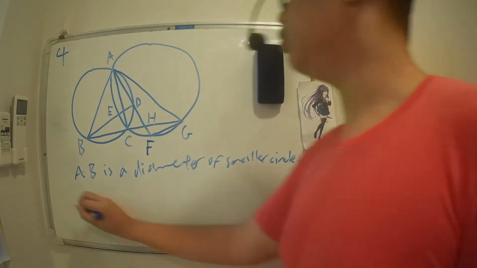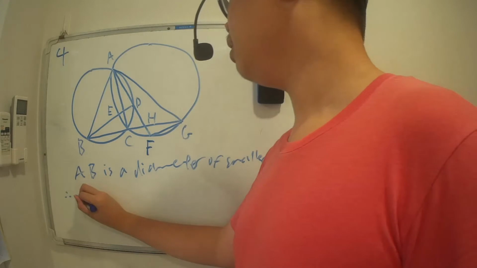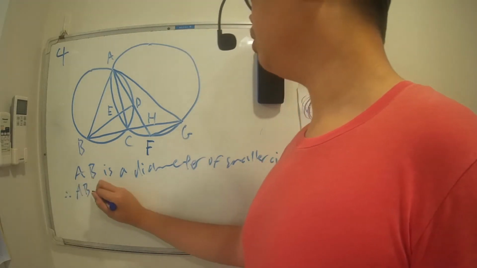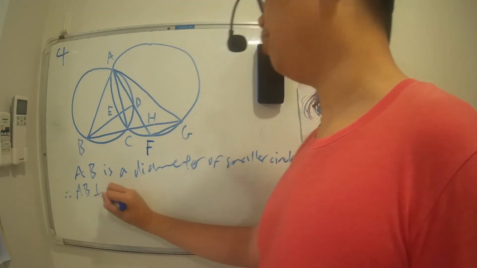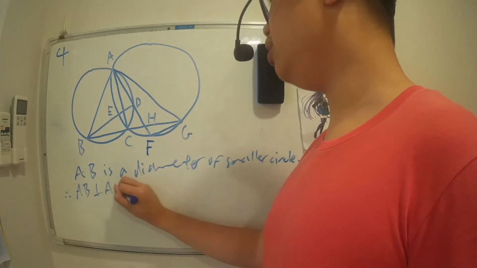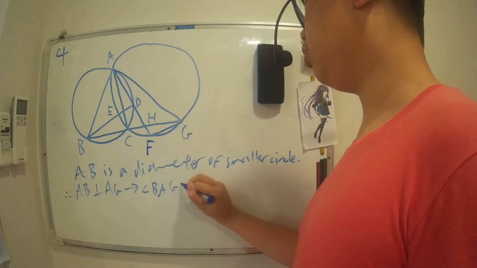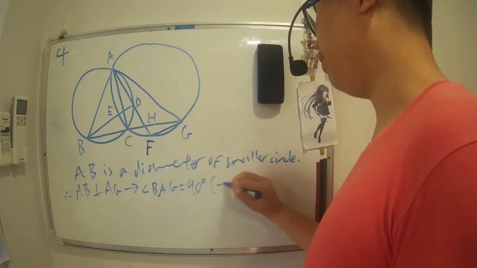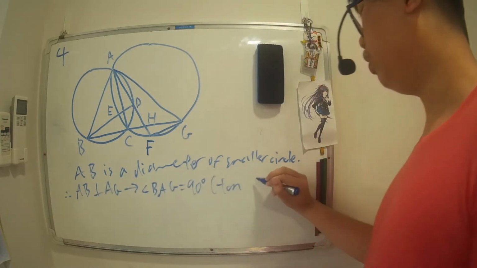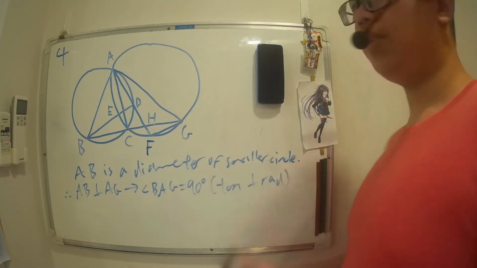Okay? So therefore I can simply say that AB is perpendicular to AG, then therefore angle BAG equals to 90 degrees because of tangent perpendicular to radius. Okay? So that was easy, right?